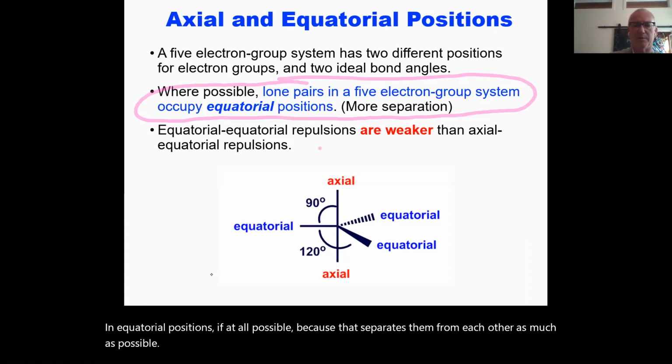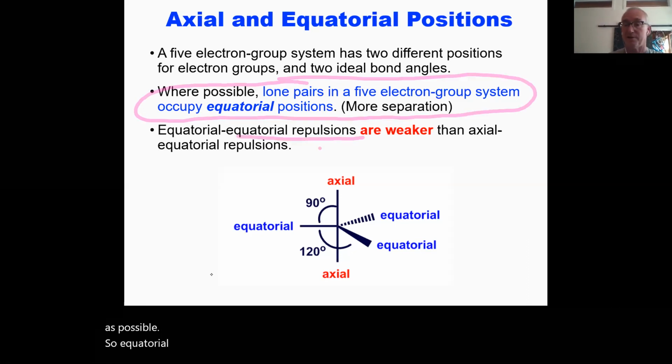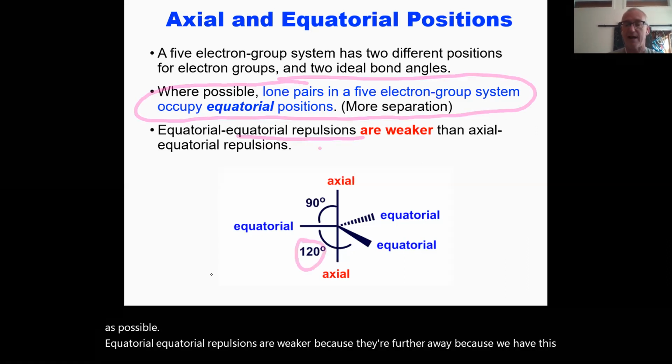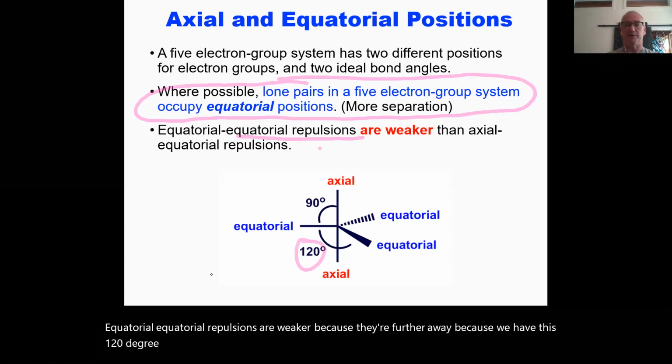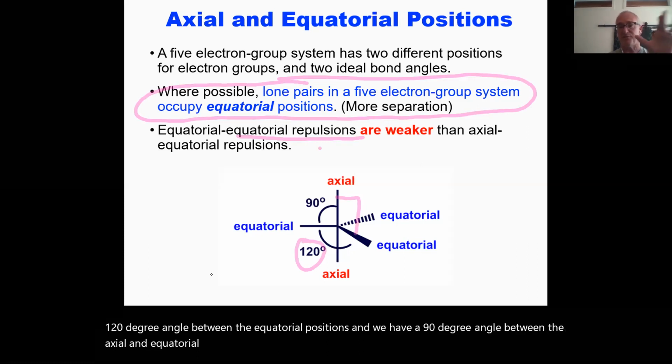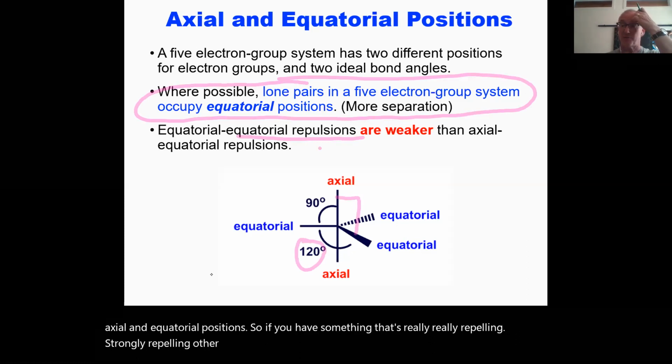Equatorial repulsions are weaker because they're further away, because we have a 120-degree angle between the equatorial positions, and a 90-degree angle between the axial and equatorial positions. So if you have something that's strongly repelling other atoms and other electrons, that's where you want to stuff it, in the equatorial position.